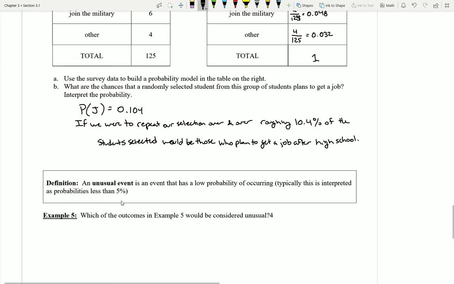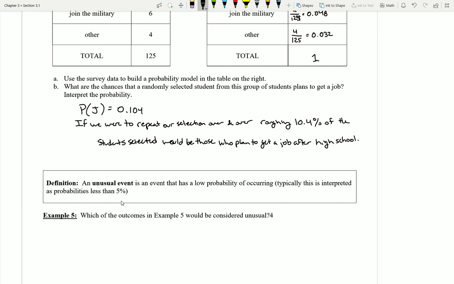Now, we have one additional definition here to kind of end the section, and it's what we define as an unusual event. We'll say that an event is unusual if it has a low probability of occurring. Typically, that would be if it has a probability of under 5%.